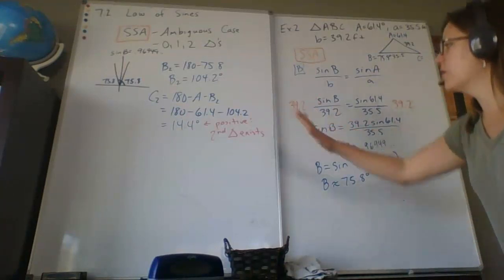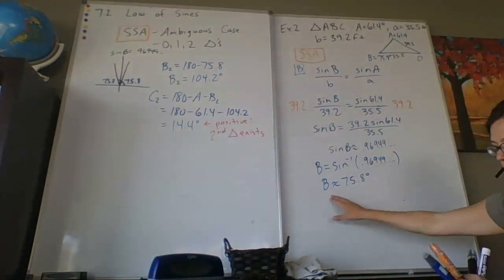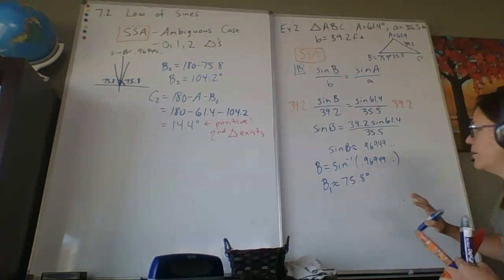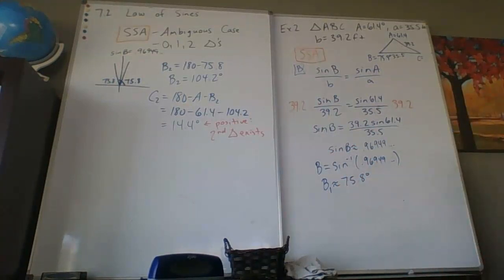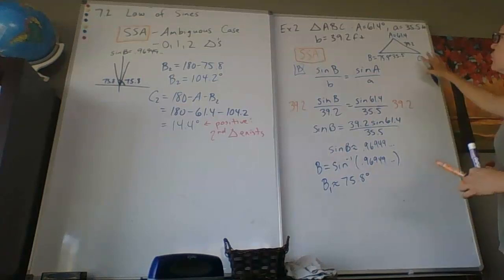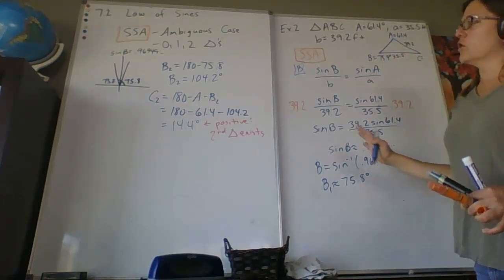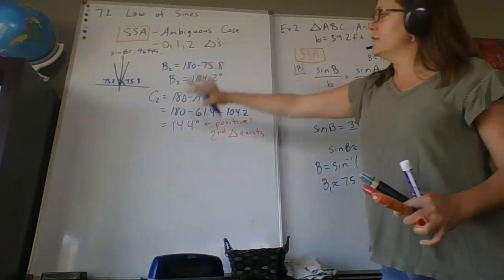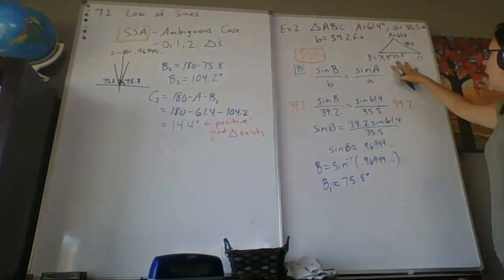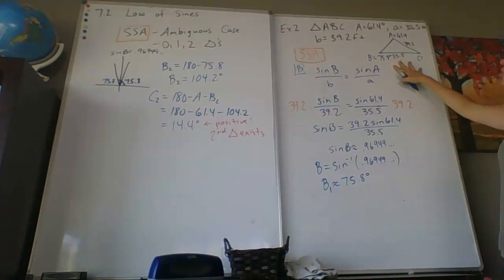So now that we've established this, we're not going to just call this B, we're going to call this B1. So we actually have two separate triangles now. One triangle is going to be acute, and the second triangle will be an obtuse triangle. So I've drawn up our given information.